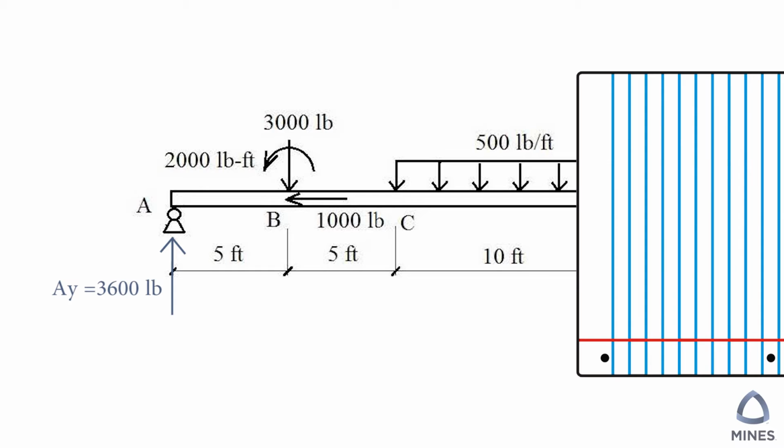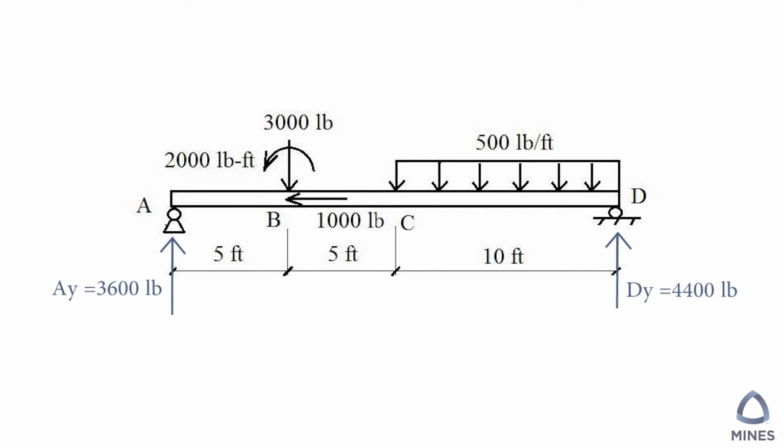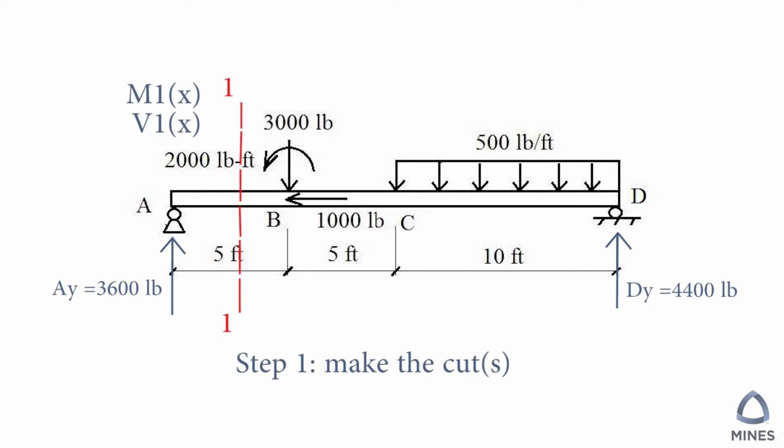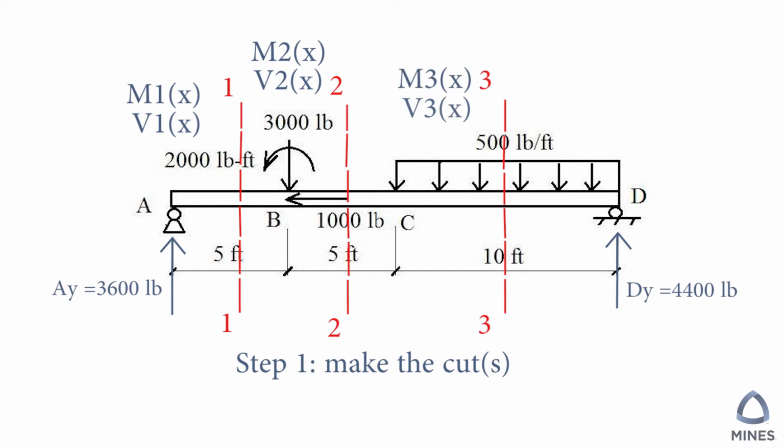However, we can represent that by using the length. So as we explained, we are going to do 3 cuts and we are going to have 3 different shear moment functions. So let's do the cuts.